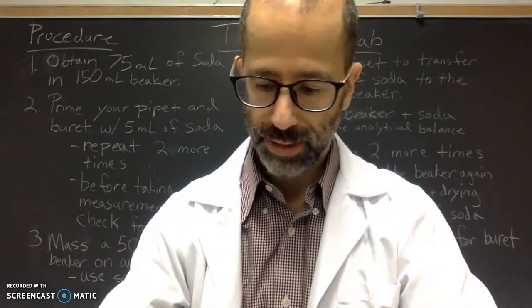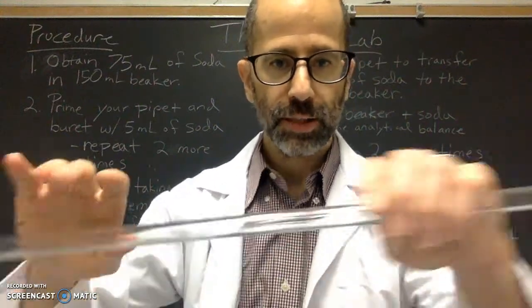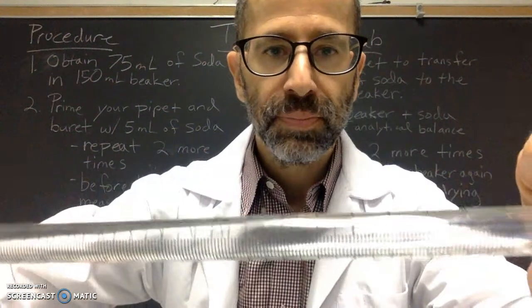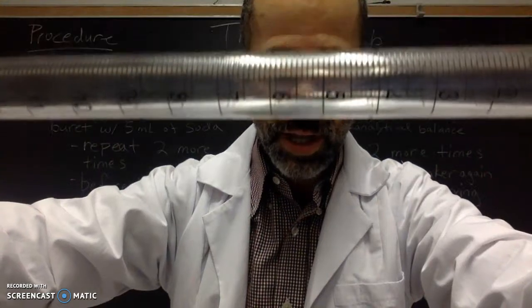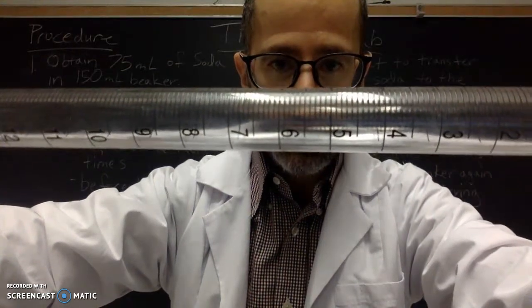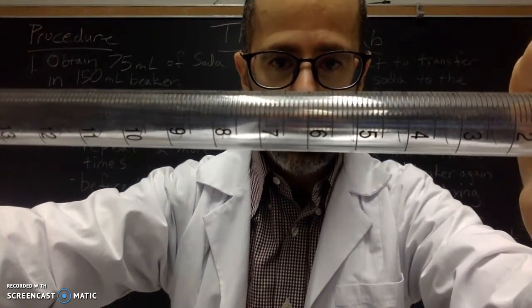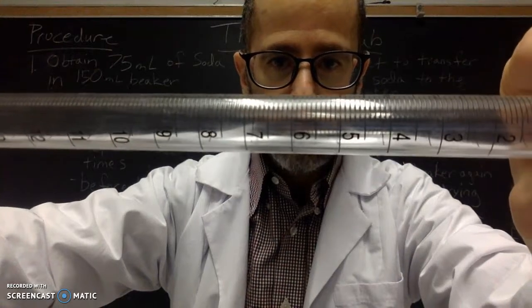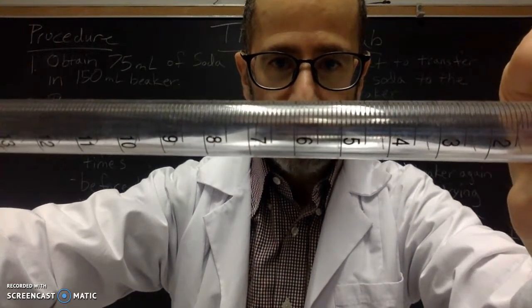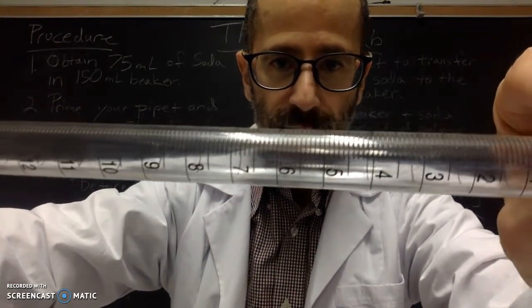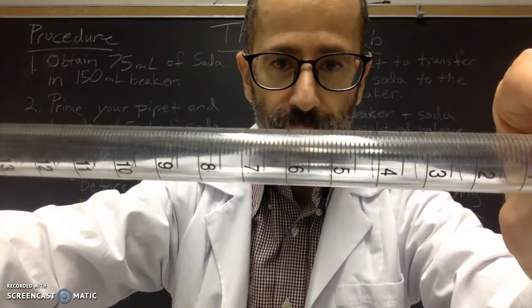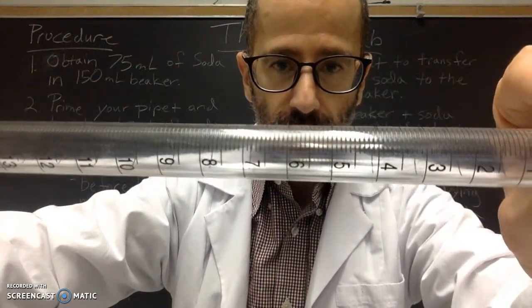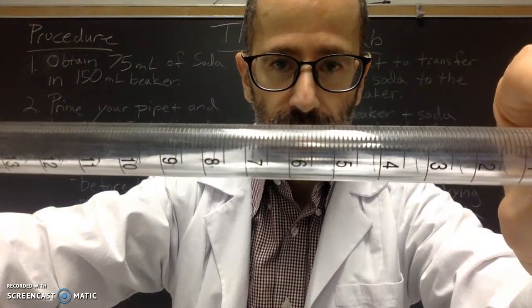For your burette, if you notice, I don't know if you could see that. You'll notice that each number represents a milliliter. So each line, again, you have 10 spaces between the numbers, so each line represents 0.1 milliliter.